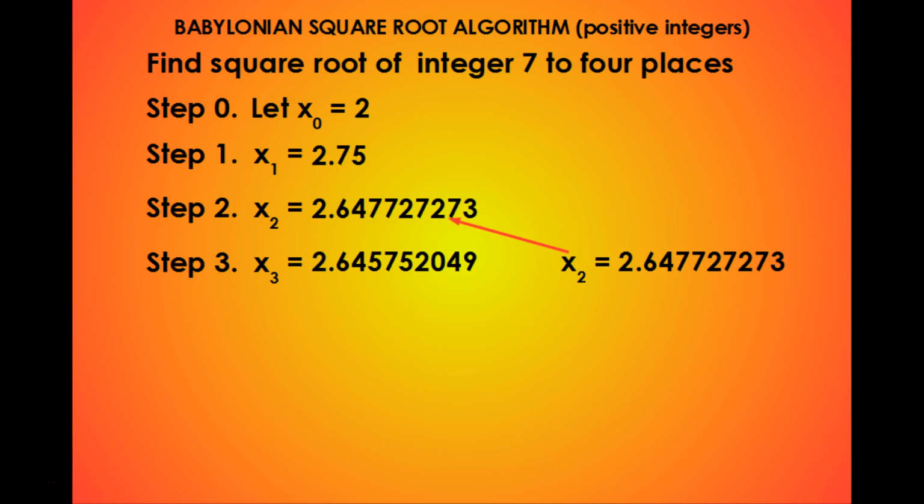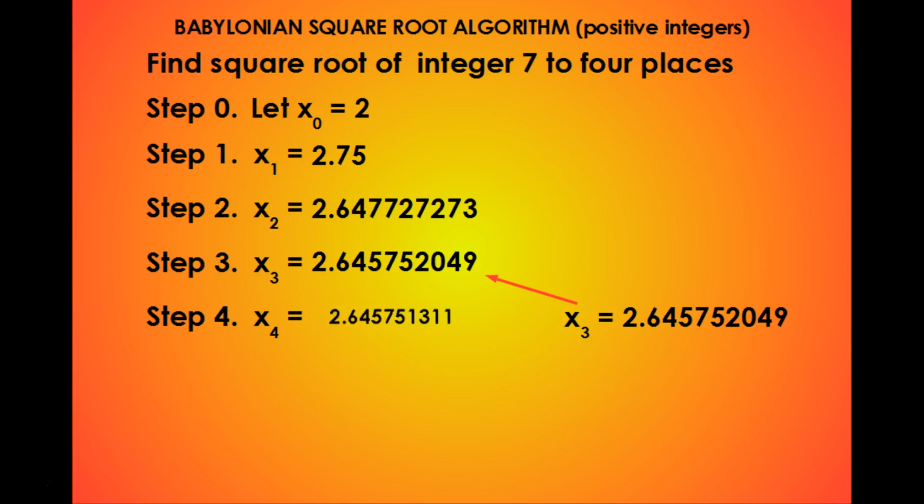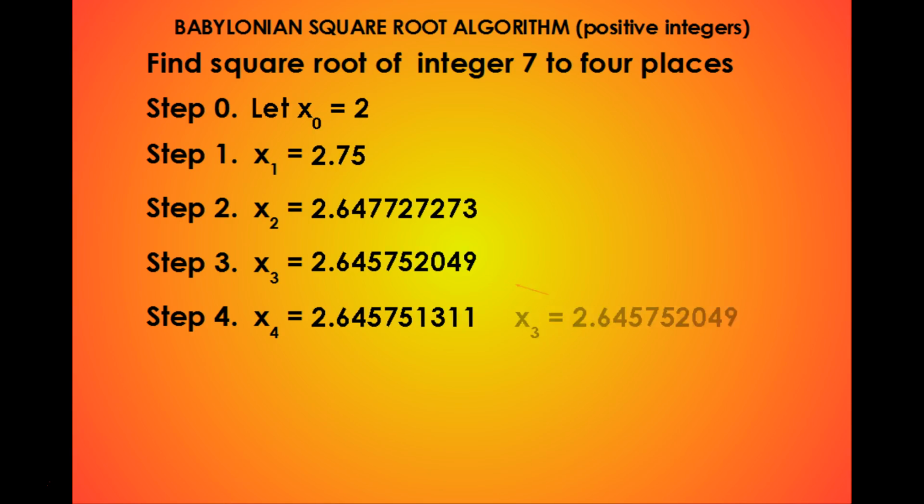We've got 2 places that are agreeing, not 4 places, so we continue. x4, again, the same form as before, and x3 is the value that we got in the previous step. We make that substitution into the calculation, and we have this number.